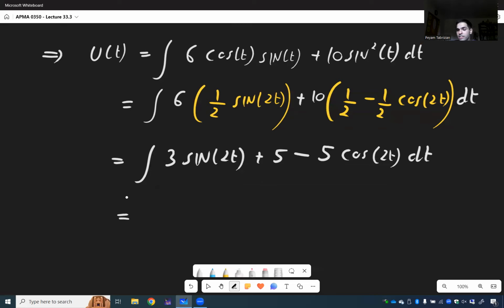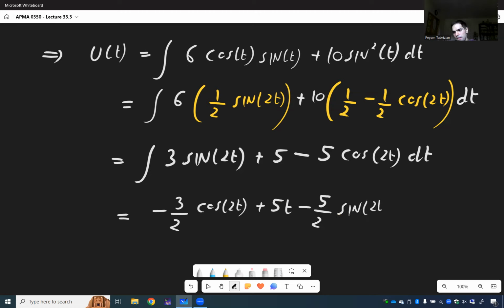And then you integrate this. So antiderivative of sine is minus cosine. So you get minus 3/2 cosine of 2t plus 5t, and then in this case, minus 5/2 sine of 2t. Again, no constant.